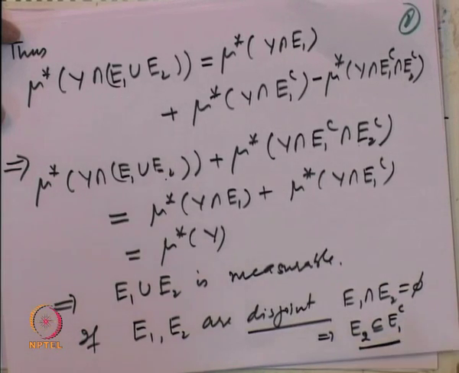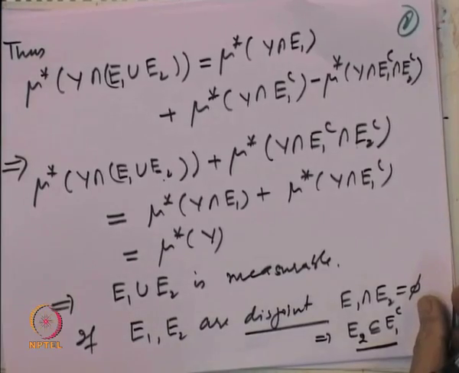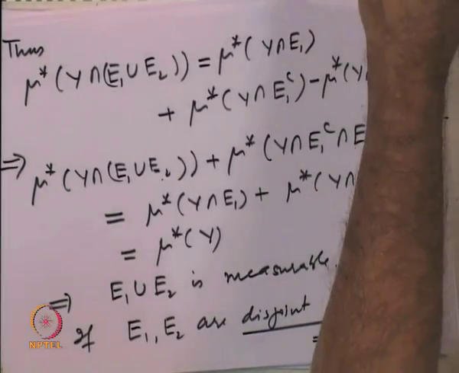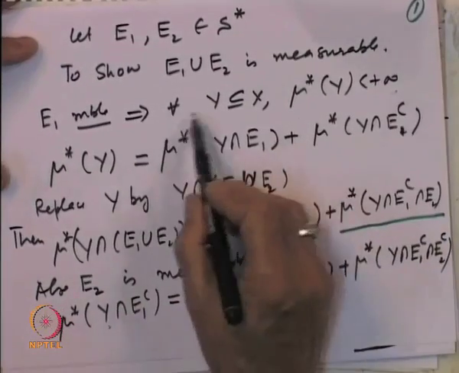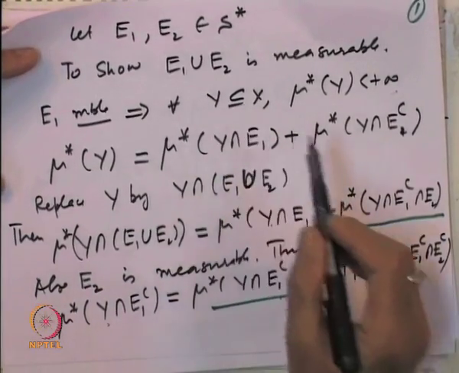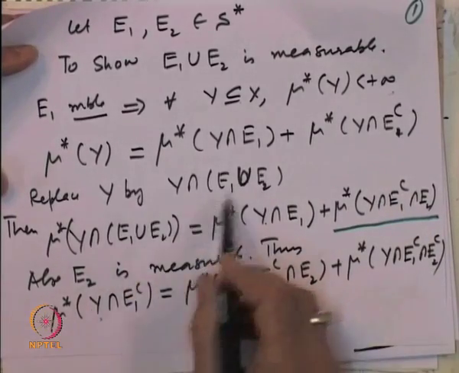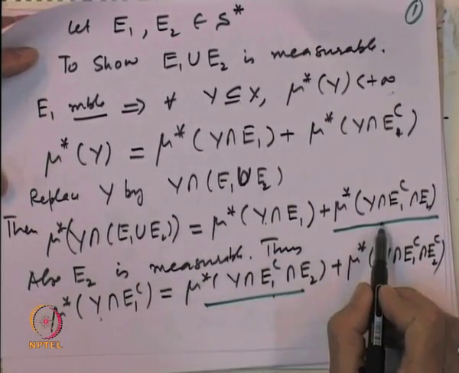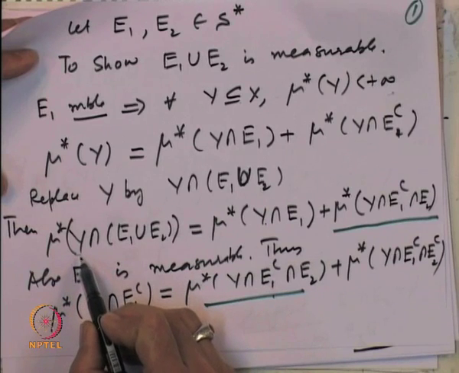In that case, let us go back and look at the first equation that we had, because E 1 and E 2 were measurable. So, we had this condition, and this is true for every y.